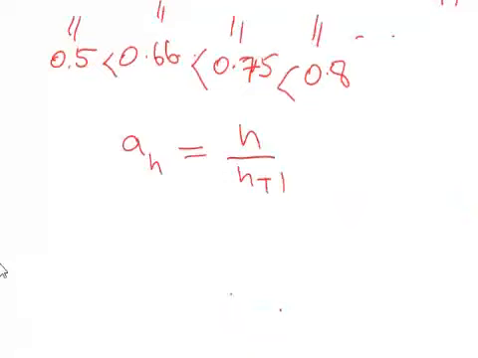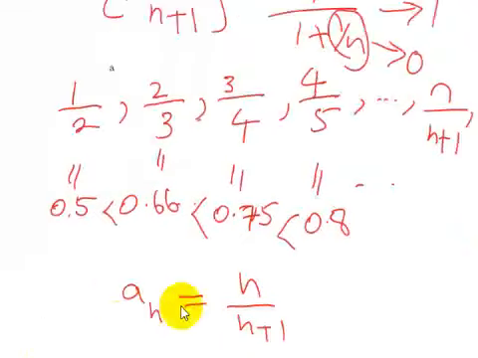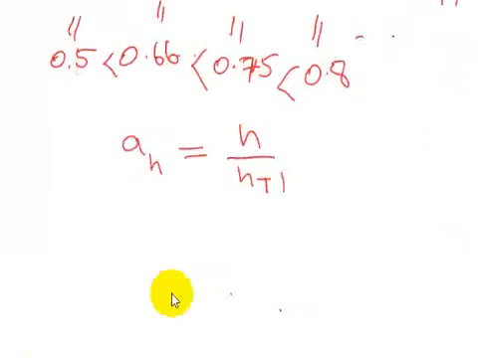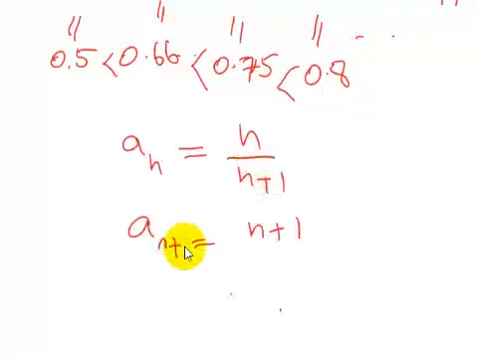Take the consecutive term, a sub n plus 1. Replacing n with n plus 1, the numerator becomes n plus 1 and the denominator becomes n plus 2.